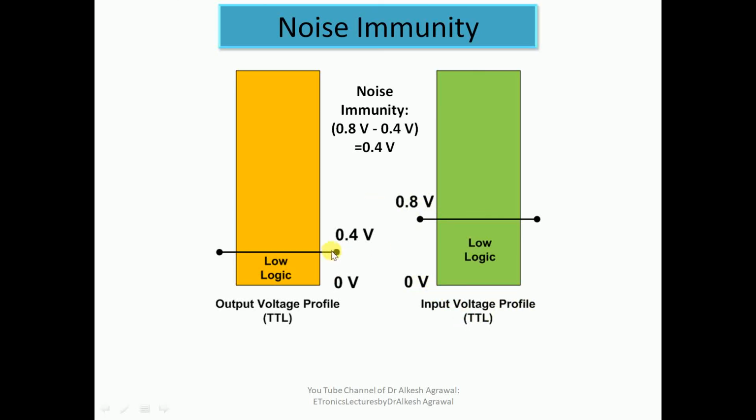So what happens if this output voltage is given to the input as a low logic? With the addition of noise to 0.4 volt, the maximum noise that can be added is 0.4 volt. So from 0.4 volt it will go to 0.8 volt and it will remain in the low logic. Under such conditions the noise immunity is 0.4 volt. How did we calculate it? 0.8 minus 0.4 is 0.4 volt. So the noise immunity here is 0.4 volt.